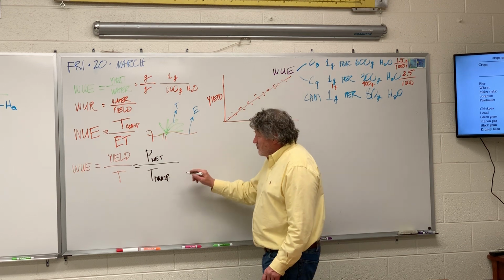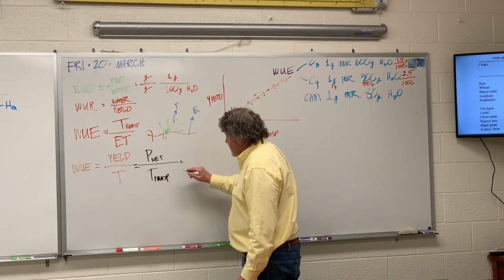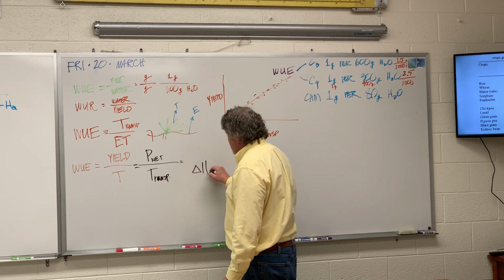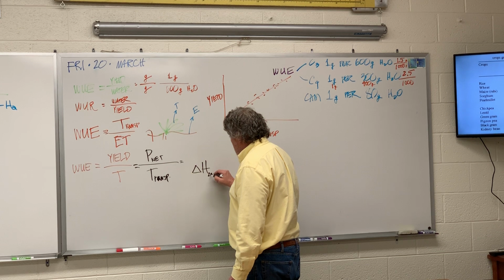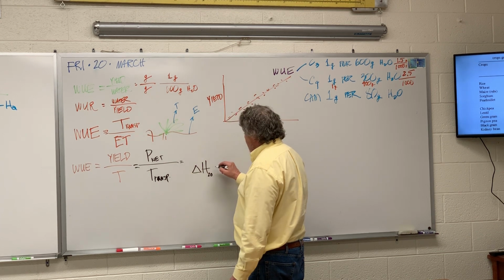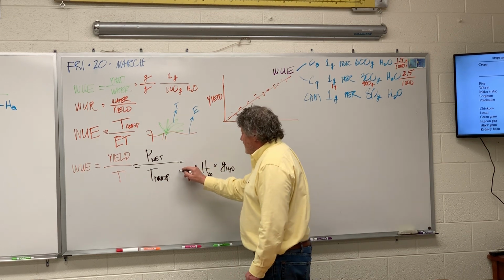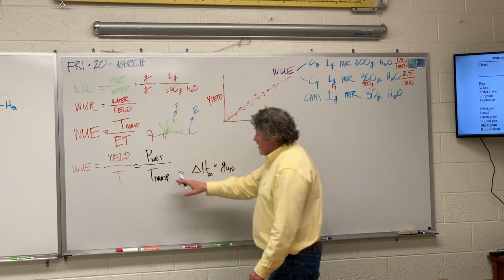Now, when we write transpiration, we can say that delta H2O times conductance to water equals transpiration. You can write it like this.